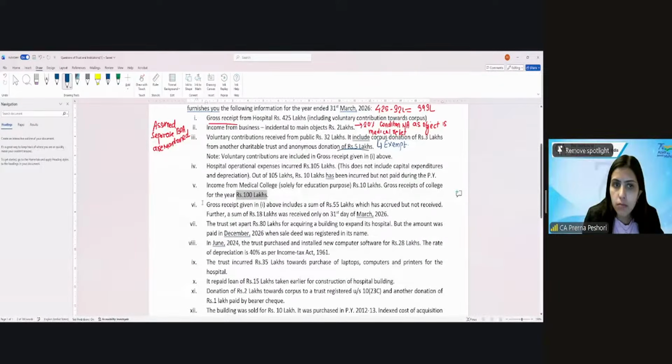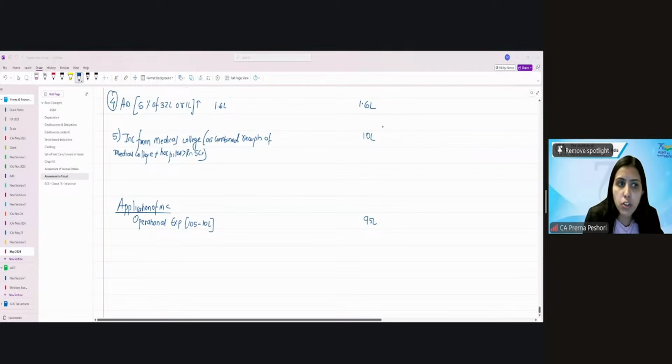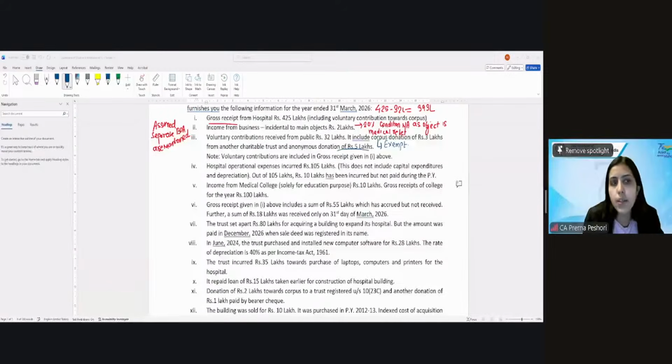Ma'am, then what about this 100 lakhs? This is gross receipts. So you can either take your 100 lakhs and then claim the expenditure in respect of that, or I'm just taking 10 lakh. So up to you. We can take your gross receipts 100 lakh and then claim 90 lakh as the expenses below.